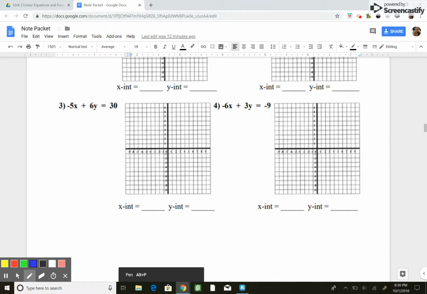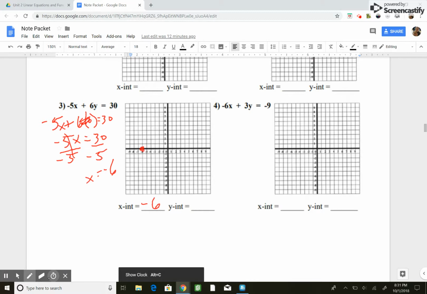So for number 3, I'm going to plug 0 in for y. 6 times 0 is 0, so I have negative 5x equals 30. Divide by negative 5. So x equals negative 6. So I'm going to go to negative 6 on my x-axis.